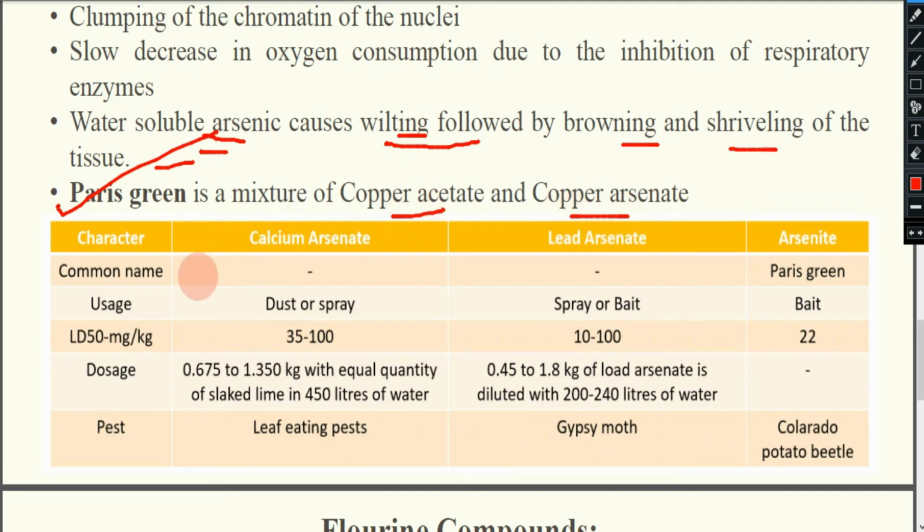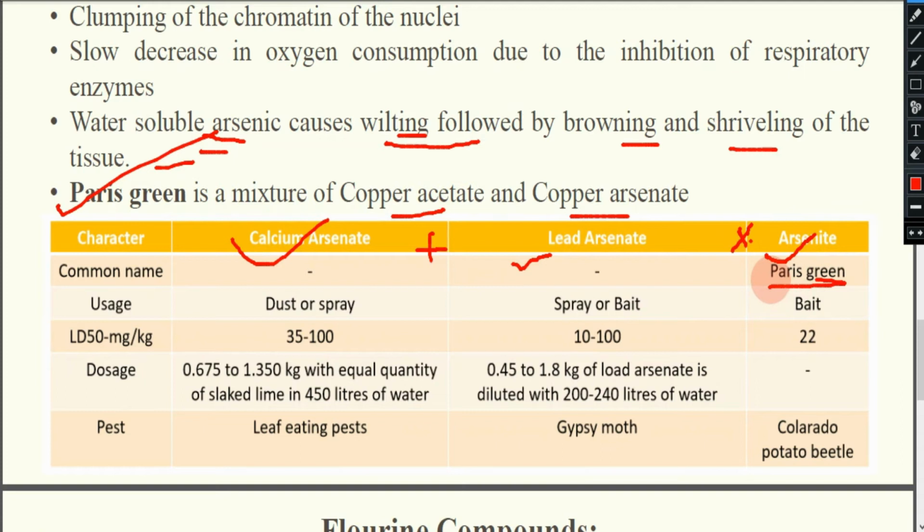Some formulations you should know, like calcium arsenate and lead arsenate. Then arsenite is there. As you know, these two are non-phytotoxic. This one is phytotoxic. And your Paris green will be at the end. That will be your arsenite.